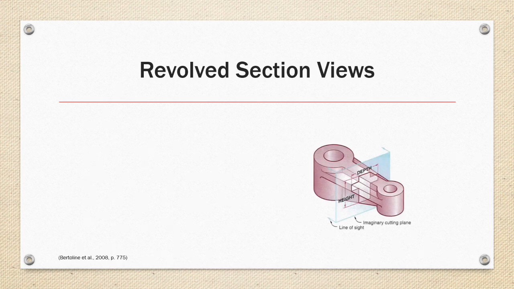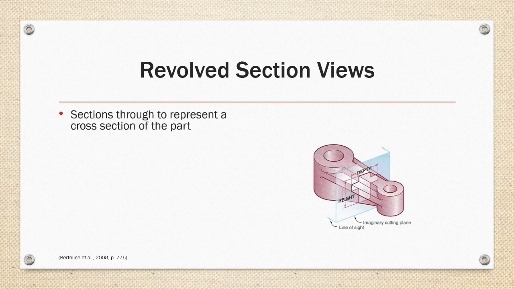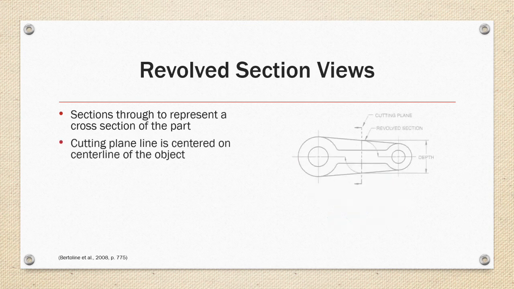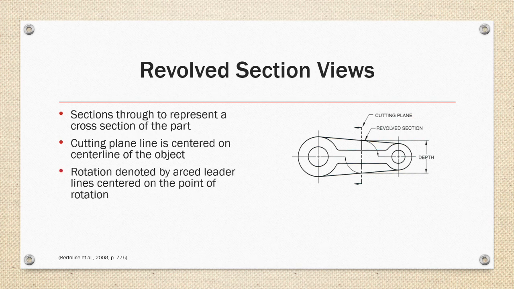Revolved section views are the first advanced section view that we will cover. A full section passes through the section of the part, and then the cutting plane is centered on the center of the object. Rotation is denoted by arced leader lines on the point of rotation.